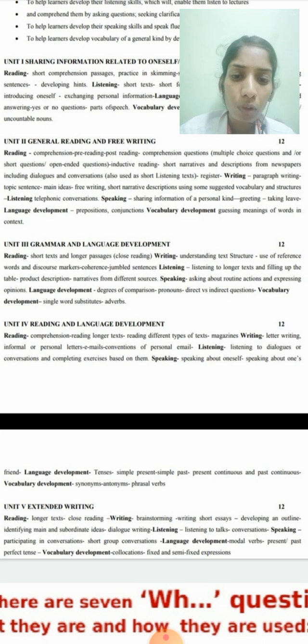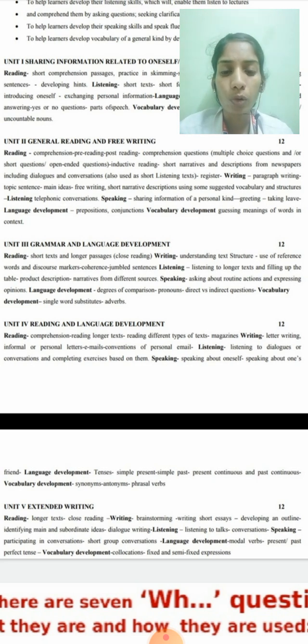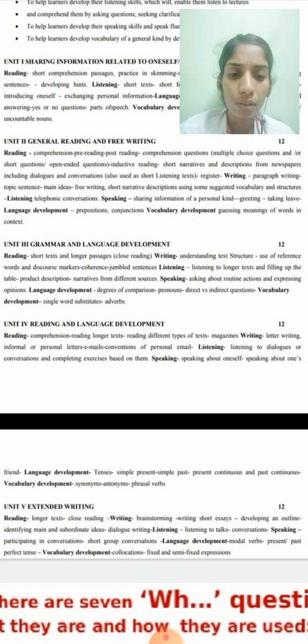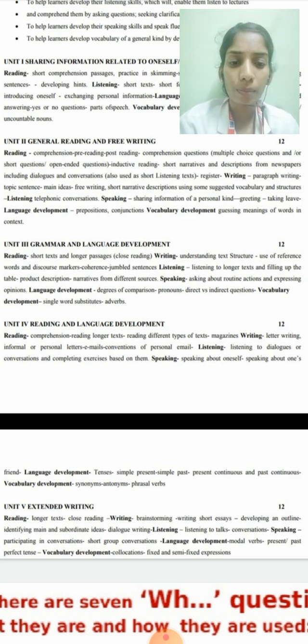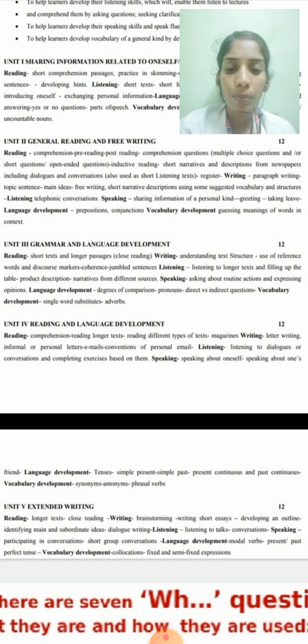They will give you a lot of degrees of comparison. You need to change them into comparative, superlative or positive, like that. Then it will be in a pronoun way also. What about direct versus indirect questions? We will see them one by one after this introduction about the syllabus. Then vocabulary development, single word substitution, adverbs, etc.